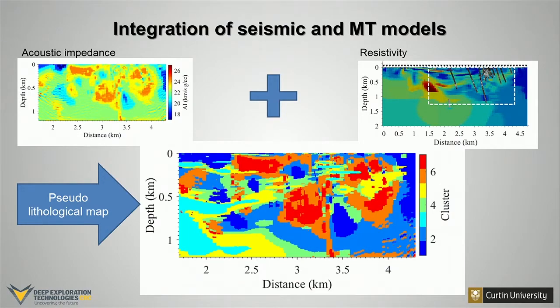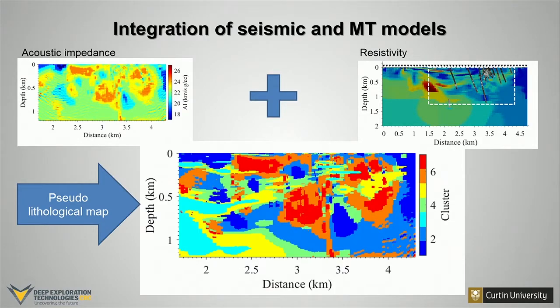So in this case, we have acoustic impedance from the seismic model by inversion, and here's the resistivity section from the MT inversion. And the rectangle here shows the position of the seismic.